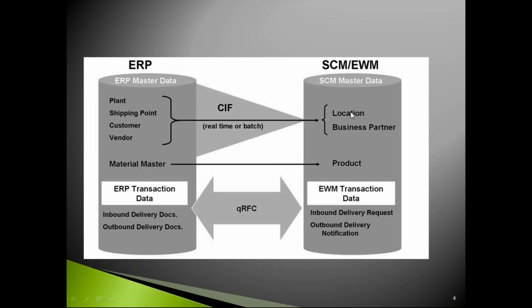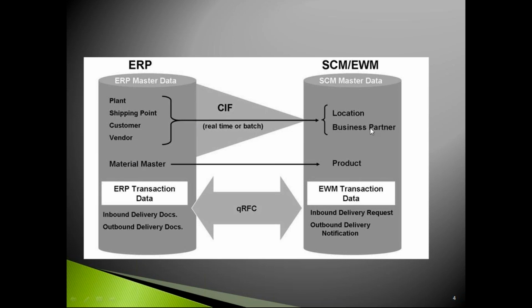We can discuss this elaborately during the transactions. Material master is created as a product within the EWM system. Plant and shipping point are treated as locations within the EWM system, and we use the core interface.